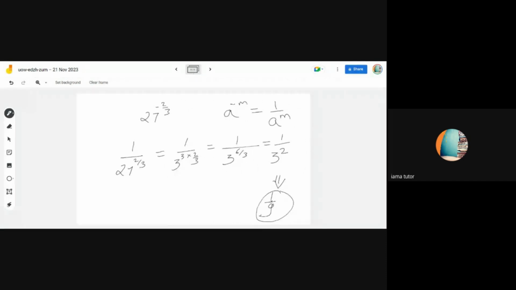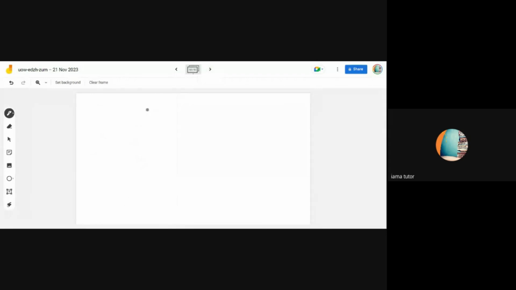Let's take this question. Suppose you have (4 b squared c cubed) raised to the power 3, suppose you have to do. Pause this video and try to solve it.